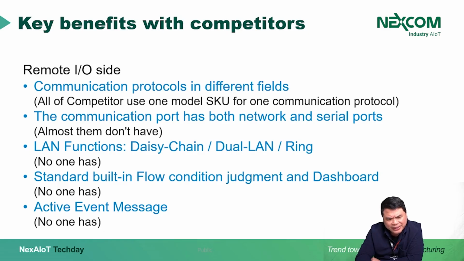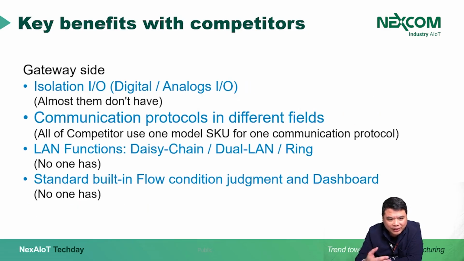And maybe you think this module is like a gateway. We support isolation I/O, and competitors almost don't have it. And almost all competitors use one SKU for one communication protocol. And the density chain dual lane ring, no one has.